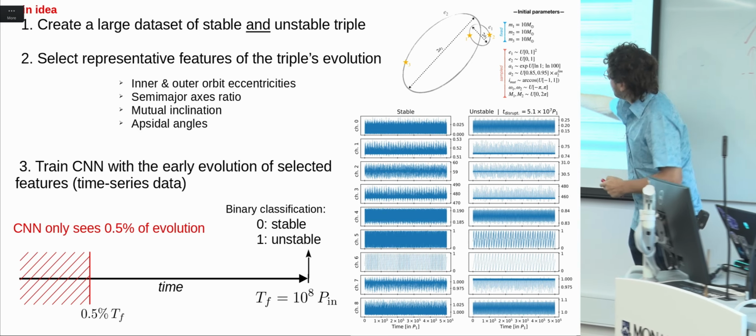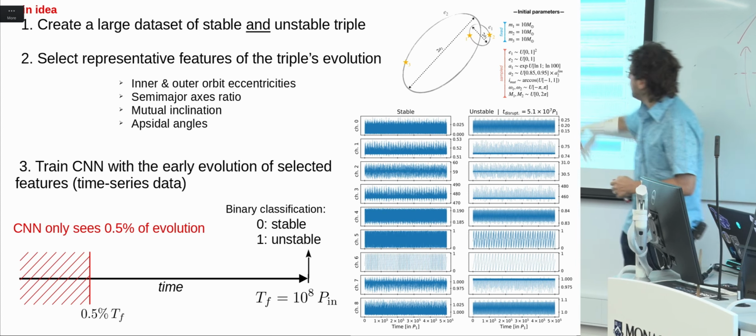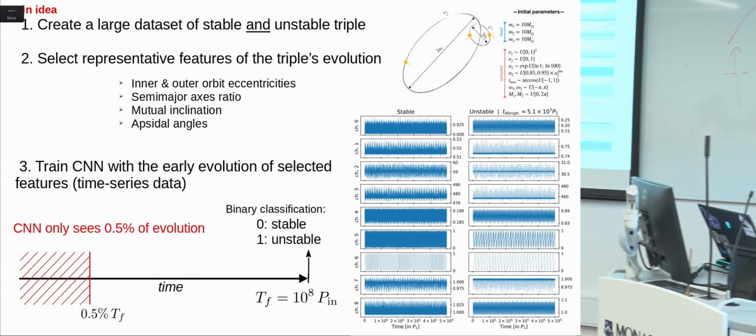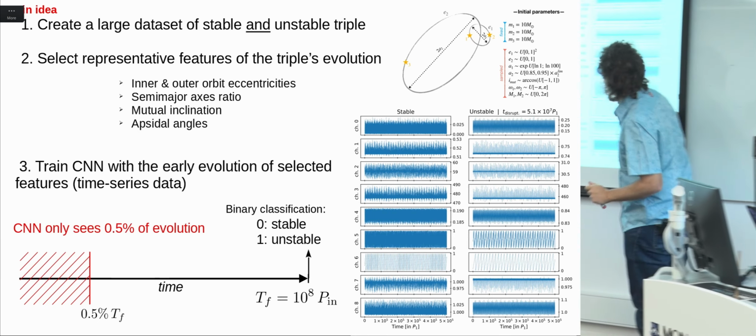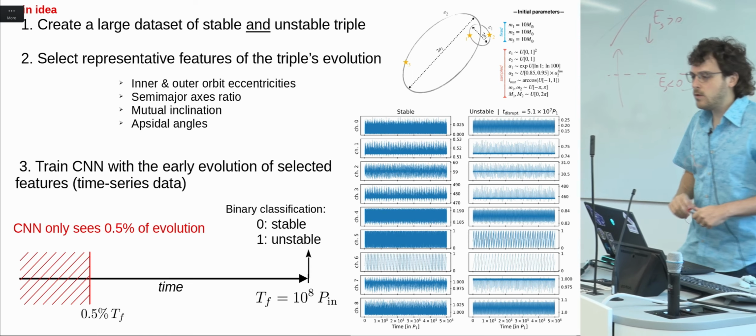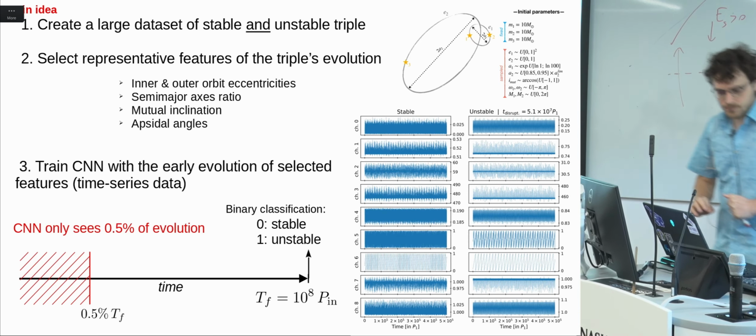For example, this is what the CNN sees. It's like a time series. These are all different channels that are fed to the CNN, which relate to the orbital elements. This one is stable and this is unstable, and the CNN learns how to predict this based only on the very early evolution of this triple.